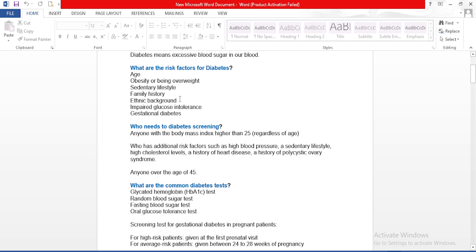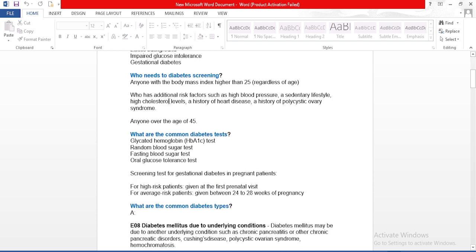Based on ethnic background also you may get diabetes. For example, if you have impaired glucose intolerance you may get diabetes, or sometimes during pregnancy we also get diabetes. Usually we call it gestational diabetes.